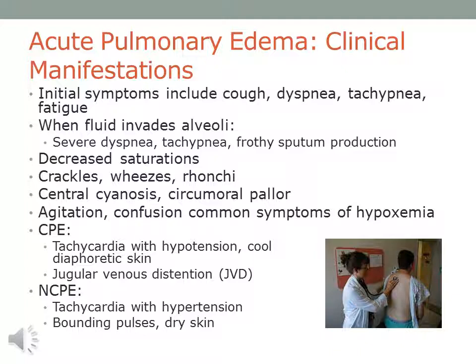With cardiogenic, we're talking that cool and diaphoretic skin because of that lack of blood pressure. But with non-cardiogenic, we've got the bounding pulses and the dry skin because of the increase in blood pressure. So you have to pay attention to what type of clinical manifestations you see, and that'll also help you determine the cause of our pulmonary edema, whether it's cardiogenic or non-cardiogenic.